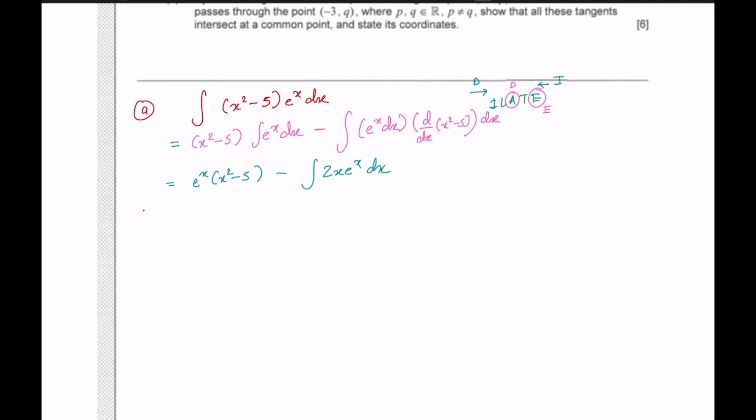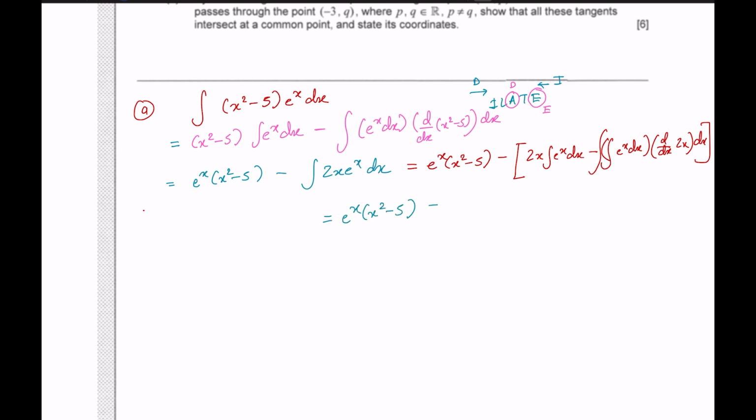And again, we have to integrate this thing. So e to the power x times x squared minus 5 here, minus integral 2x e to the power x. So take 2x outside, integral e to the power x dx, minus integrate e to the power x dx. I mean, it's a double integral actually. And then we have to differentiate 2x. There will be a dx here. So you can try it out with your own by parts formula. I use this one.